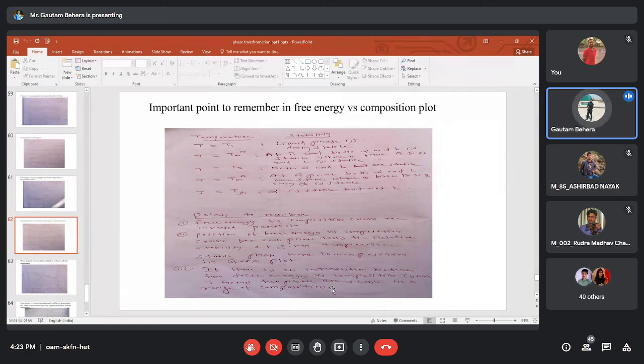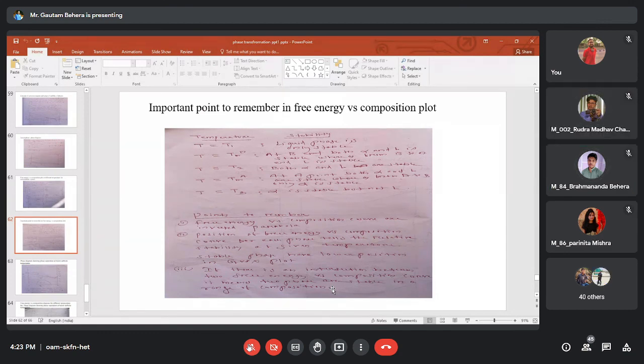Okay, you people have understood up to this? Yes, sir. So okay, fine. Now tell me how to find out that range of composition. In what range of composition both alpha and liquid or both alpha and beta are stable? How to identify that?